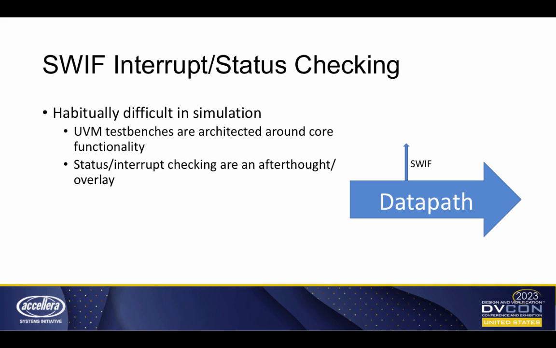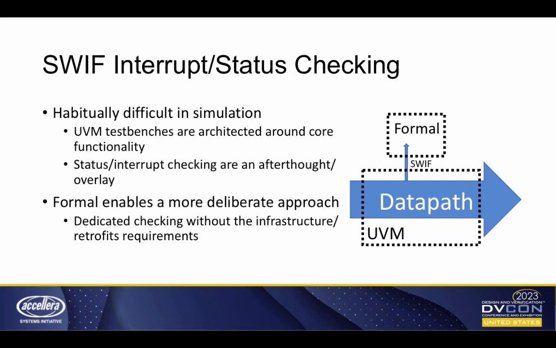We give preference to architecting large UVM test benches, but around core data path functionality, and status and software interactions tend to be more of an afterthought or an overlay to the test bench. So that's not the primary purpose of the test bench. The primary purpose is testing main data path, and then afterward we do what we can to verify the software interface and software interactions.